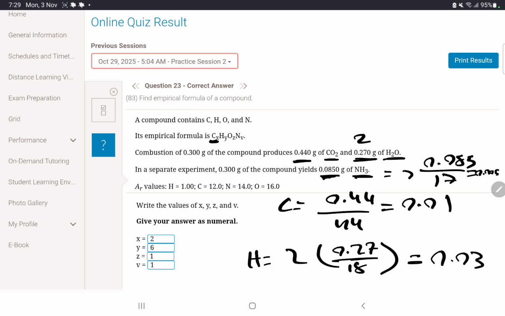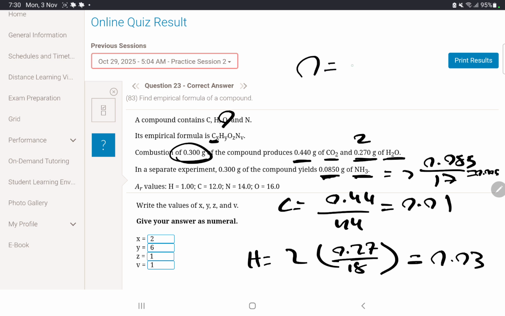You add all of those together, and then you subtract them from the total, which is 0.03. Subtract them from the total. You'll get 0.06. This 0.06 is for what? For the oxygen, the thing that's left.